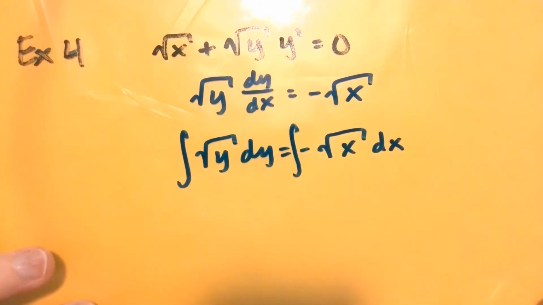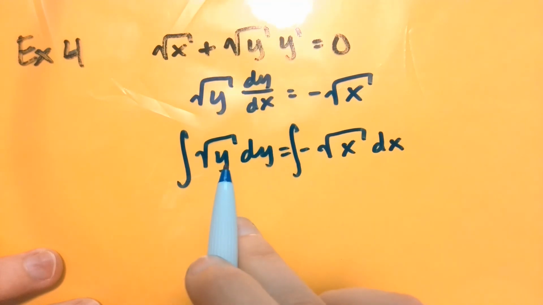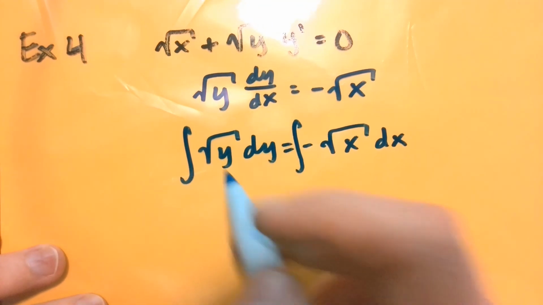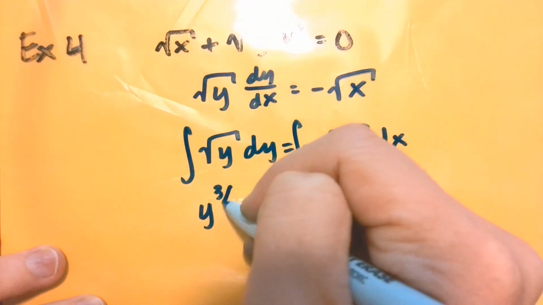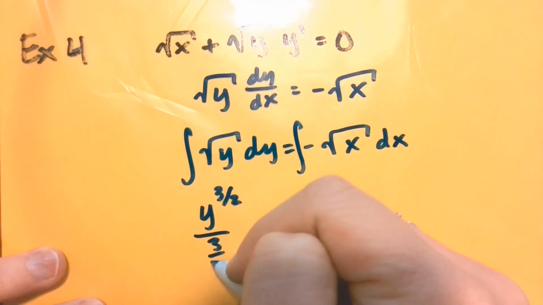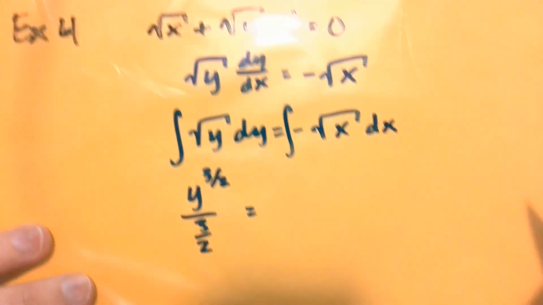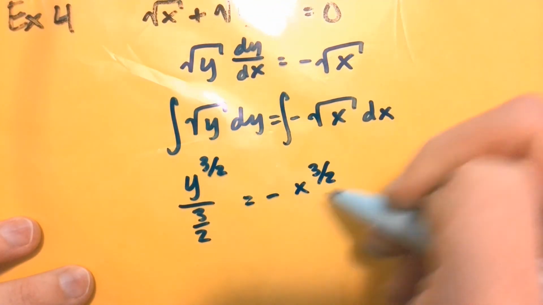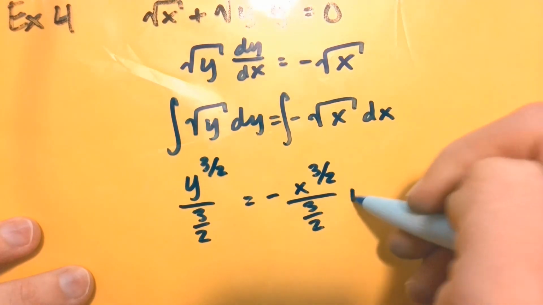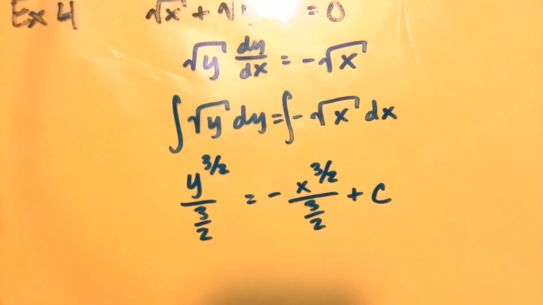And for each of these, remember when you've got a radical like this, it's just y to the 1/2. So I can integrate using the power rule. So I'll have a y to the 3/2 over 3/2 equals my negative x to the 3/2 over 3/2 plus c.